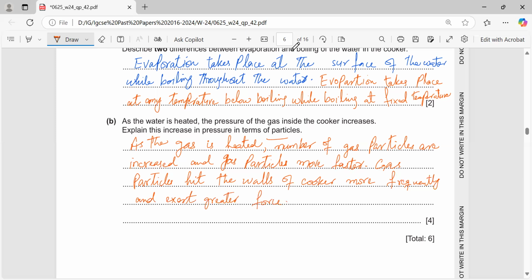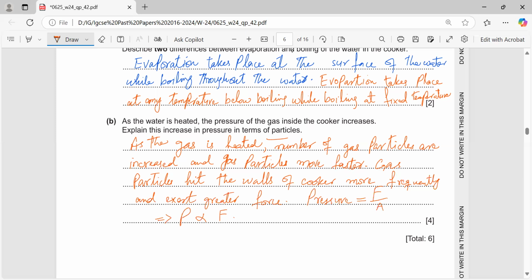And then you can write the formula that pressure is equal to force per unit area. This implies that pressure is directly proportional to force. So like this, it is almost 4 marks plus the explanation we have given.